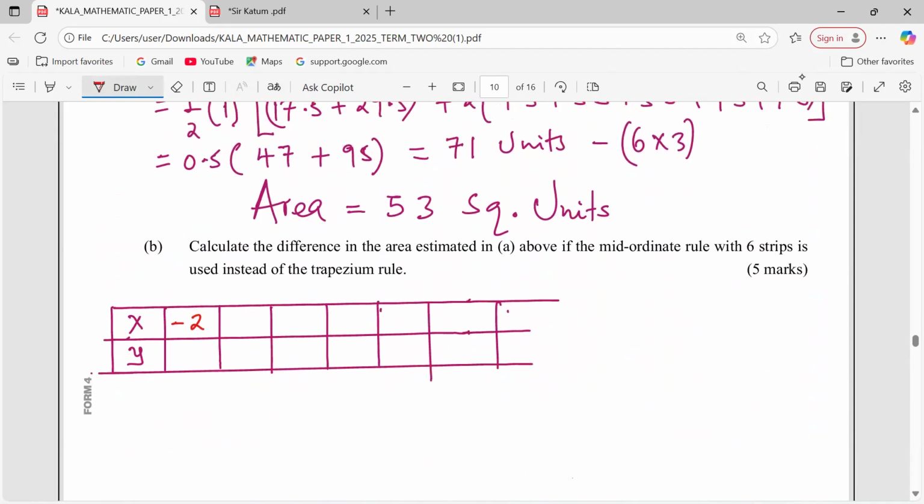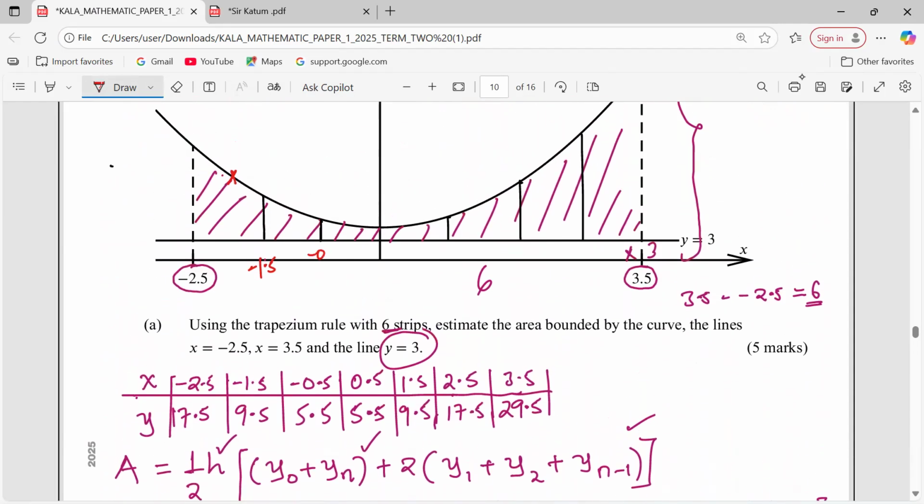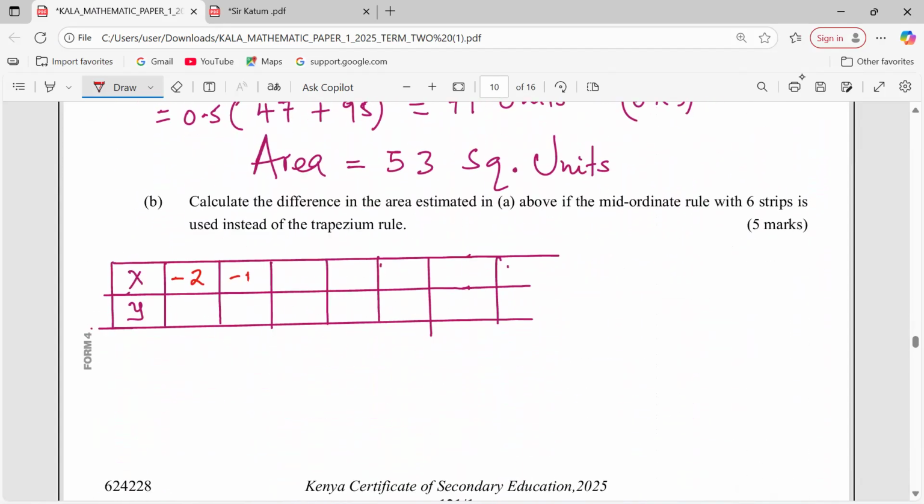Again, between negative 1.5 and negative 0.5, the middle height will be the height when x equals the average of negative 1.5 and negative 0.5, which is negative 1. So the height at x equals negative 1.